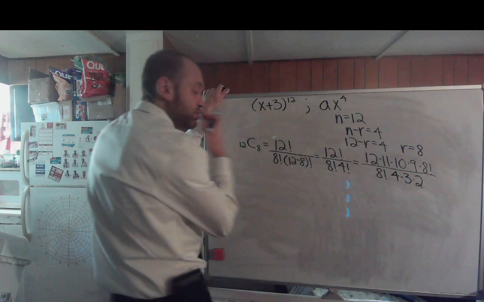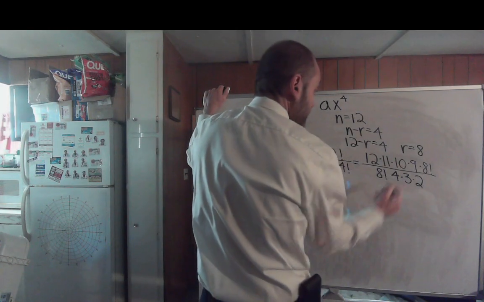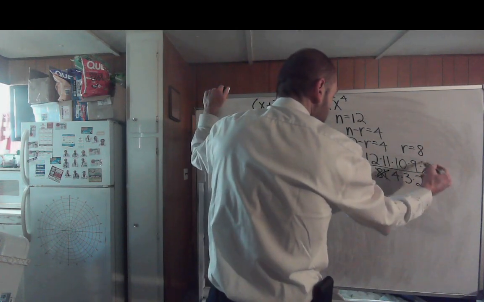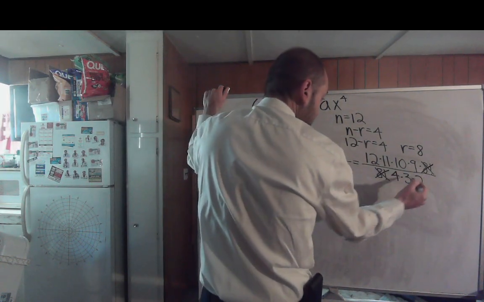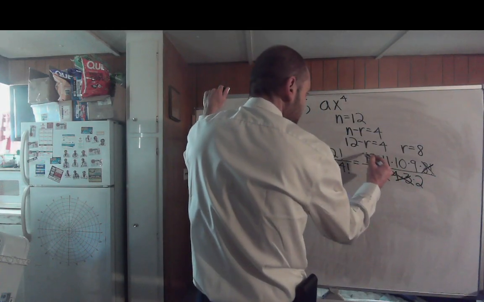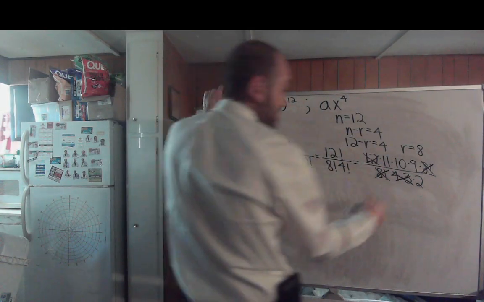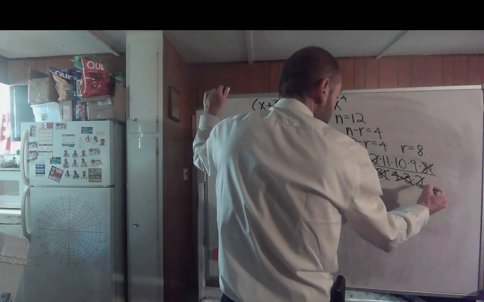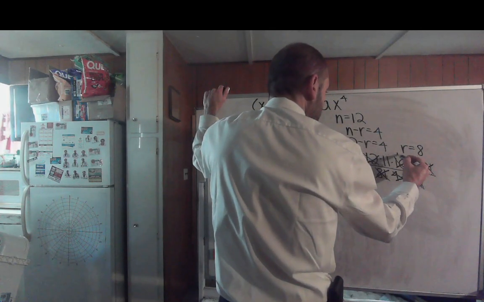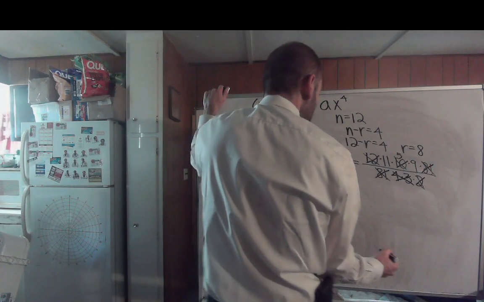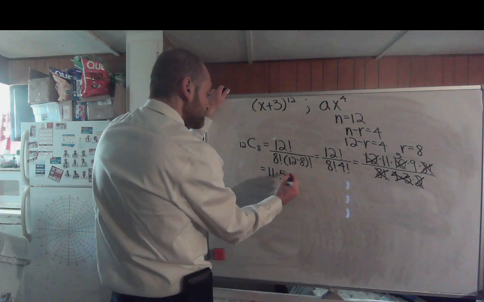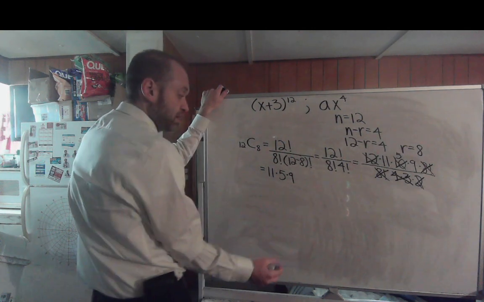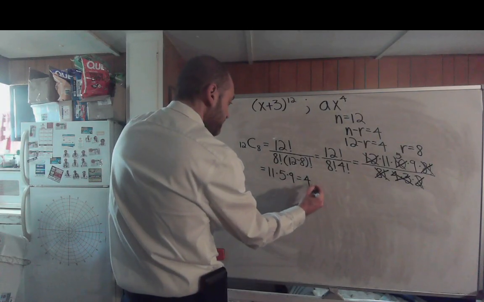We don't need to do times 1. The 8 factorials will cancel out. 4 times 3 is definitely 12, that'll cancel into the 12 in the numerator. And then 2 goes into 10 5 times, so we could turn that 10 into a 5. You're left with a simple 11 times 5 times 9, which would give you 495.